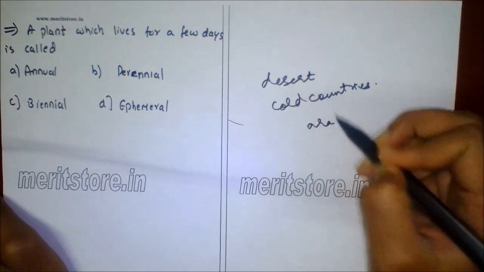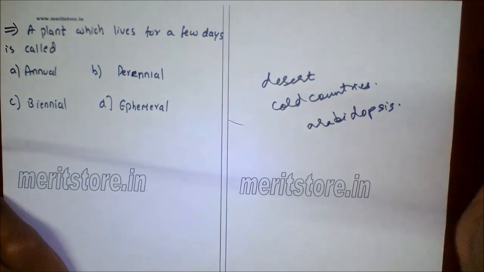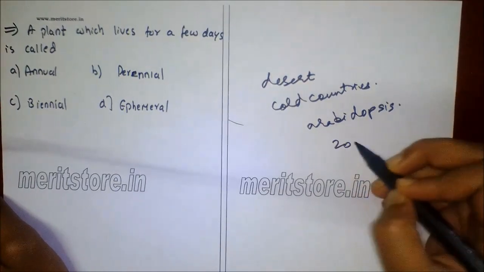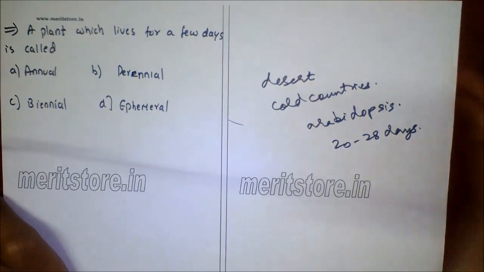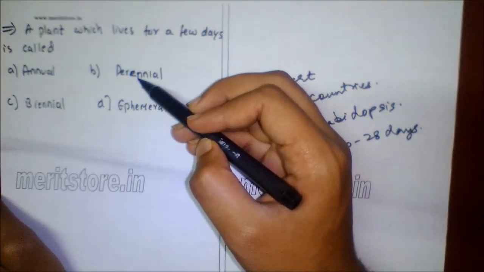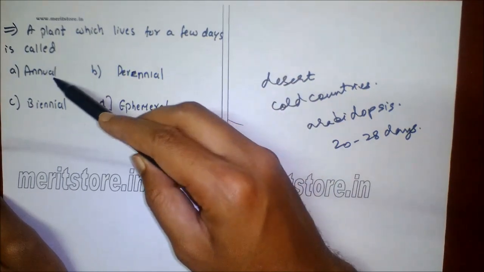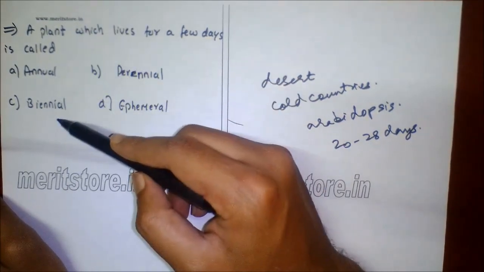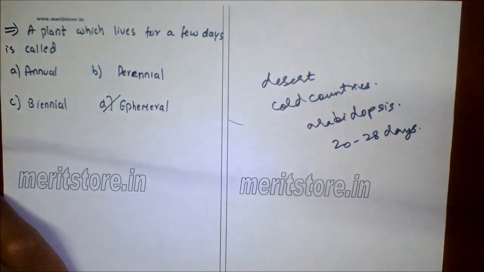Example, Arabidopsis species live a lifespan of 20 to 28 days. Perennial plants live for many years, annual plants live for a year, and biennial plants live for 2. So option D is the correct answer.